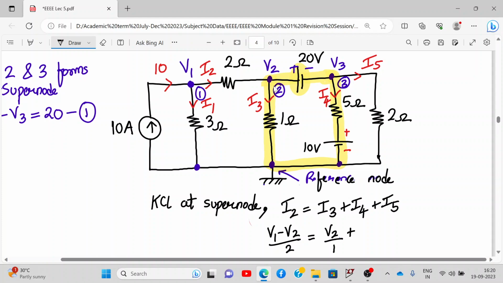I4 will be V3 minus 10 upon 5, because there is a voltage source, and minus because it is going from plus to minus. And then I5 will be V3 upon 2. Understood this? I'm going very slowly over here because we are applying the KCL at the supernode, and that needs to be understood.